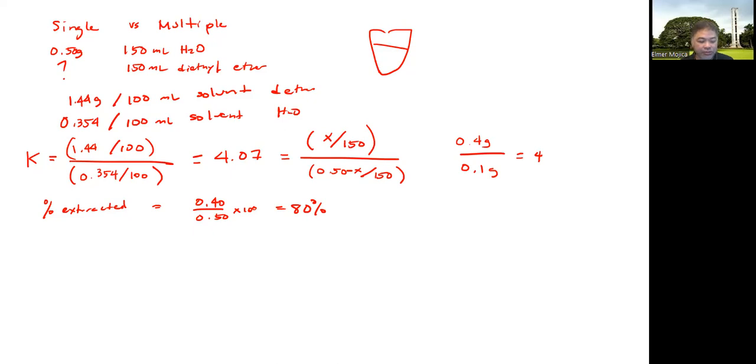So when you do a multiple extraction, what do you do? Instead of using 50 ml, maybe you can make it 150 ml: 50 ml, then another 50 ml, and then another 50 ml. Then you combine all of the solvent that contains the extracted material.